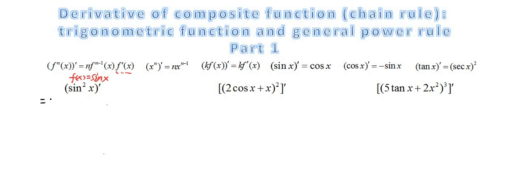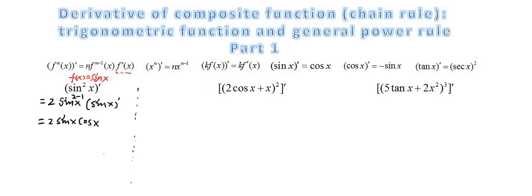Here n is 2, and f(x) to the power n minus 1 should be sine x to the power (2 minus 1), and the derivative of f(x) is going to be the derivative of sine x. Okay, now we have 2 sine x, and the derivative of sine x is going to be cosine x. Now we finish the first example.